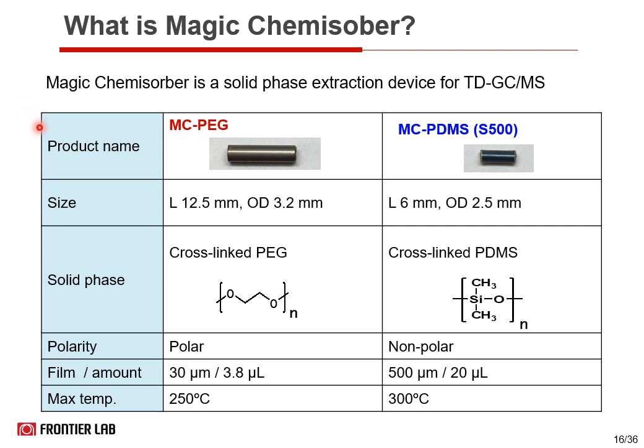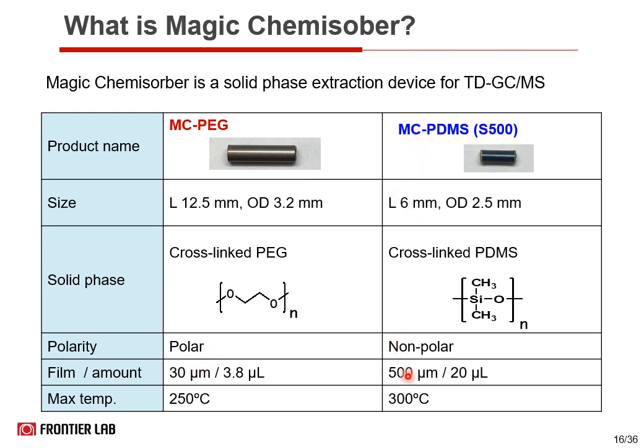There are 2 types of Magic ChemSolvers available, depending on polarity. One is a polar type, called MC-PEG, and the other is a non-polar type, called MC-PDMS. MC-PEG has a 30 micrometer cross-linked PEG solid phase coated on a deactivated stainless steel tube.